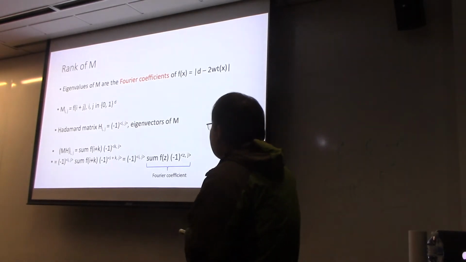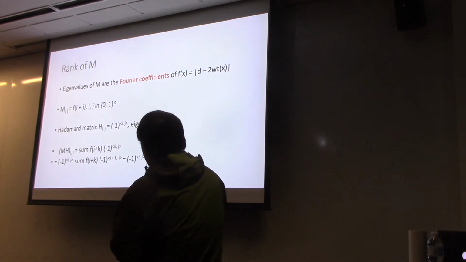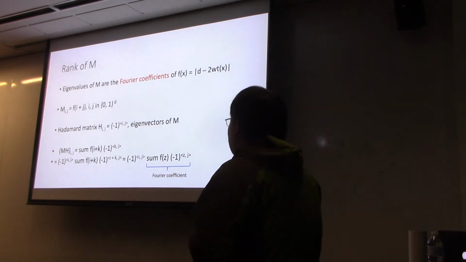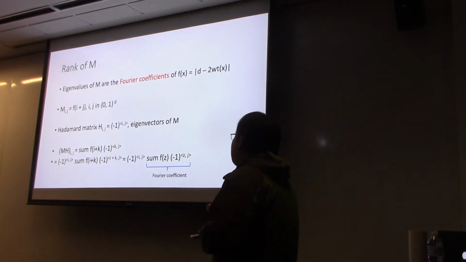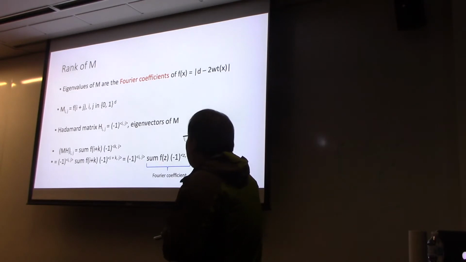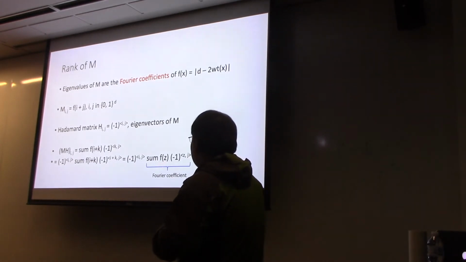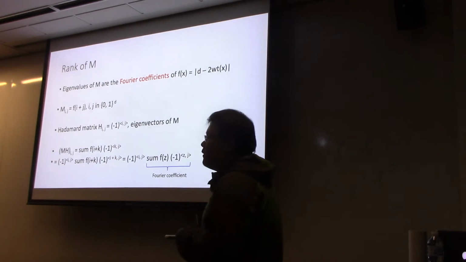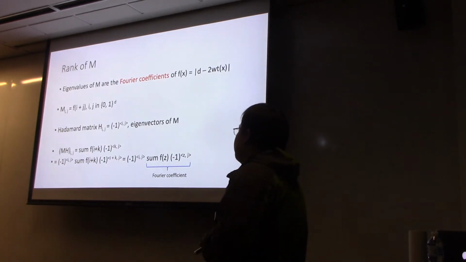But if you do the calculation carefully, then you will see that these Fourier coefficients will be their eigenvalues. The Fourier coefficient is defined as: I do a summation over the Boolean cube, meaning that each entry is 0 or 1, and I calculate the summation of f(z) times minus 1 to the inner product between z and j. These are the Fourier coefficients.